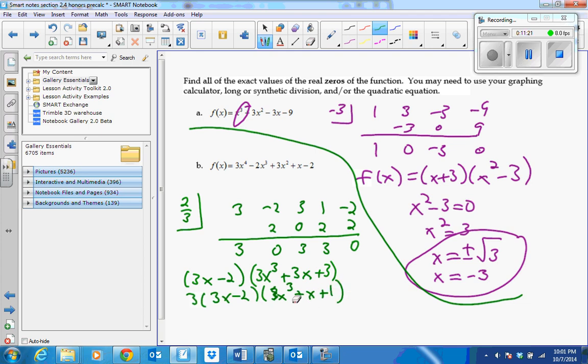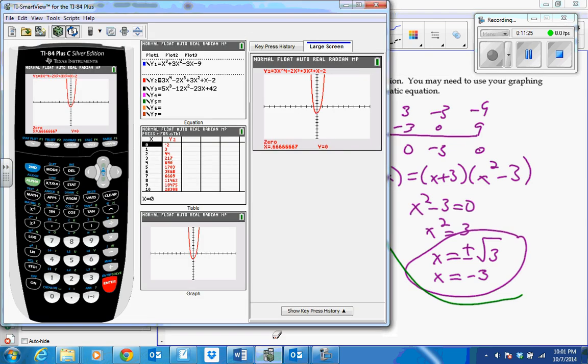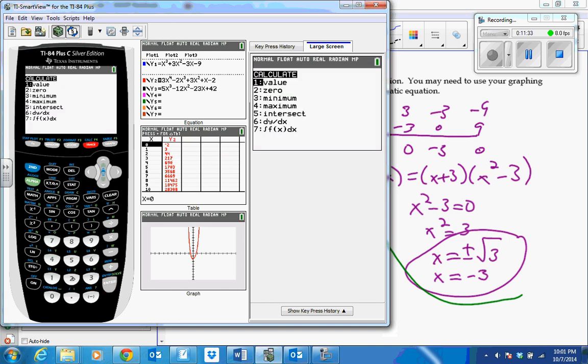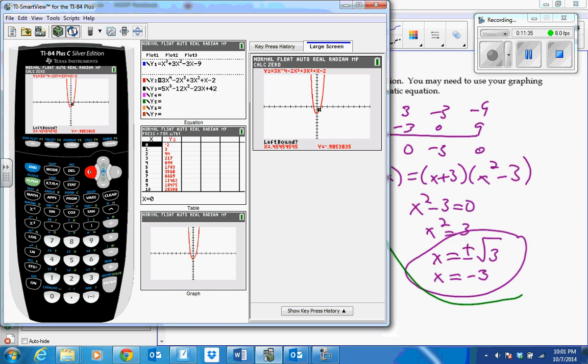And that isn't going to factor any further. And so if we wanted to find the other root of this, we're just going to go to our calculator and we're going to do another calculate. And this one's going to be really ugly. So we're going to calculate the other 0. So they want left bound, right bound, enter.